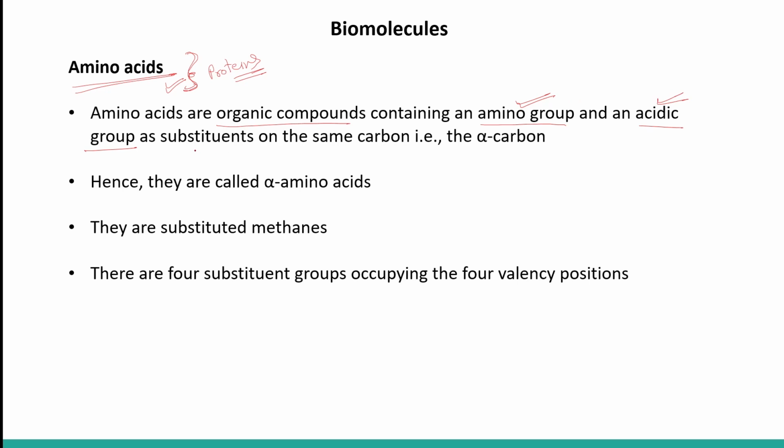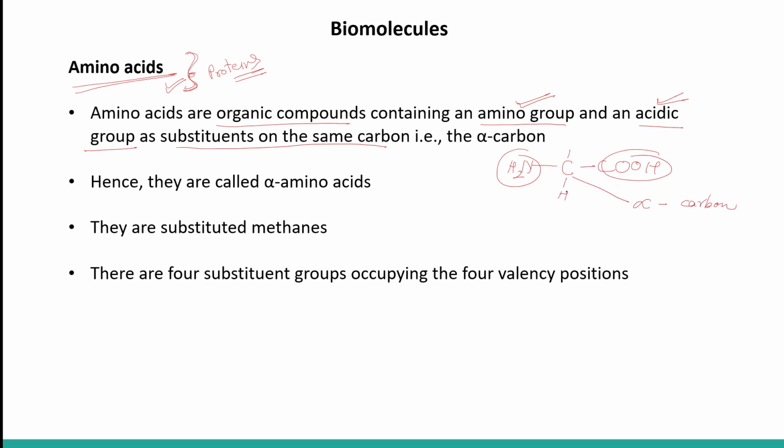Both substituents are attached to the same carbon, the amino group and the COOH acidic group, and this carbon is called the alpha carbon. Carbon has four valencies.